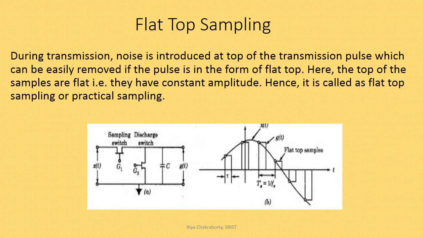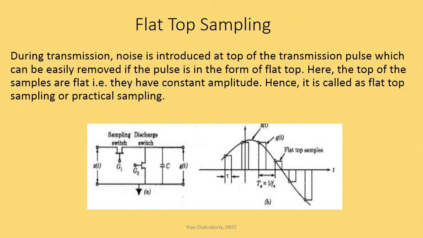Also it shows the general waveform of flat top samples in this figure. And it may be noted that only the starting edge of the pulse represents the instantaneous value of the baseband signal x(t).